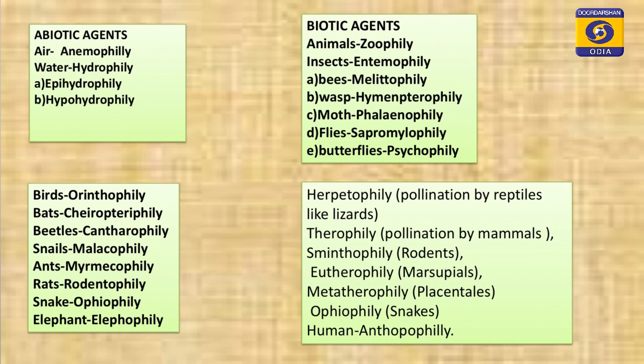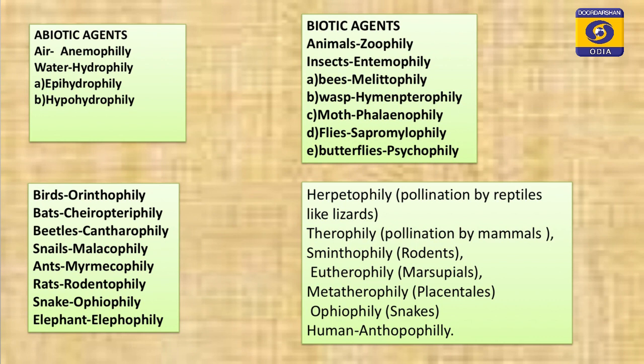Among insects, bees, wasps, moths, flies, and butterflies are the agents of pollination, and accordingly different names have been assigned to this kind of pollination, like melittophily, phalaenophily, sapromyophily, psychophily.